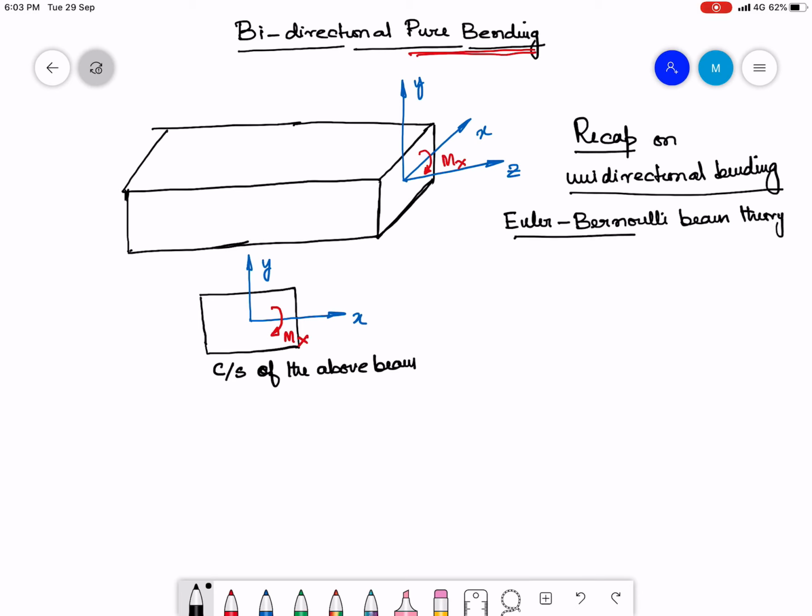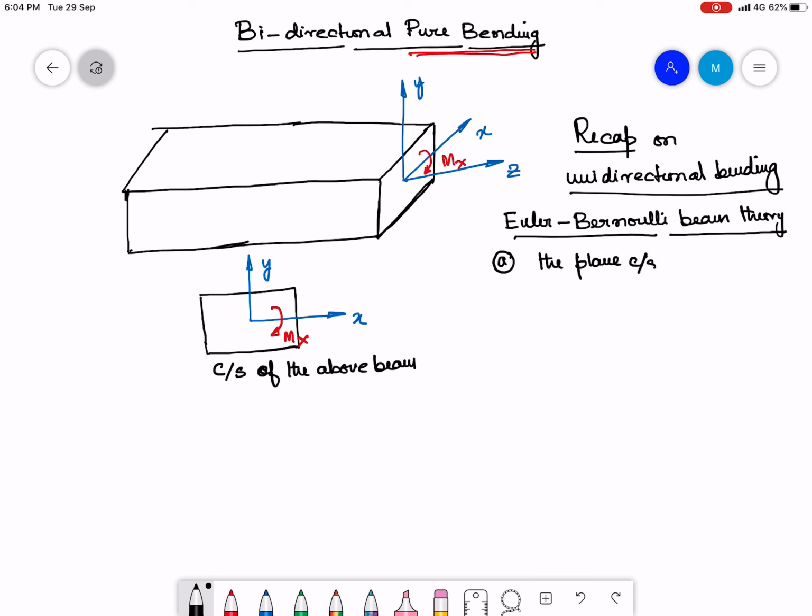Euler-Bernoulli beam theory is the most elementary beam theory and is also sometimes called the engineering beam theory. Now, Euler-Bernoulli beam theory has certain assumptions and we should be well acquainted with those assumptions before we move into bidirectional bending.